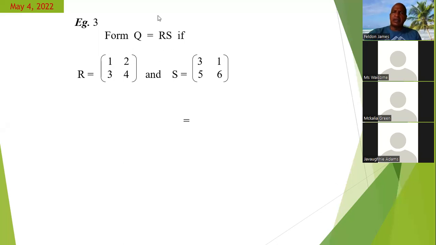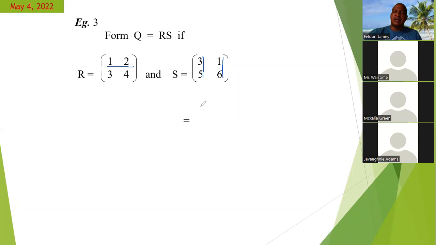All right, so we are doing row by column. So first row, first column. First row again, second column, all right? And when you're multiplying, first element with first element plus second element with second element.